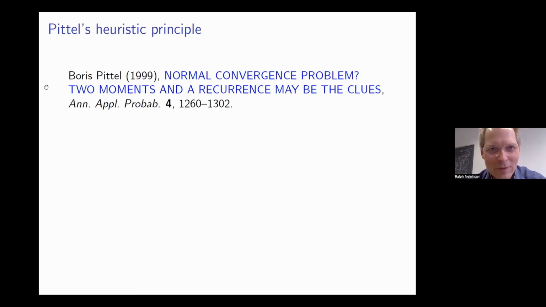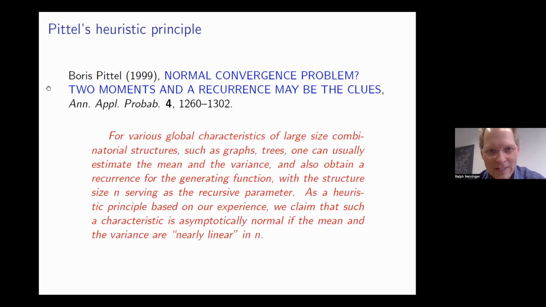I'm starting with a quotation from my session chair's PhD advisor, Boris Pittel. He had a paper in 1999 with the title "Normal Convergence Problem? Two moments and a recurrence may be the clue." And there he writes in the abstract or in the introduction the following sentences.